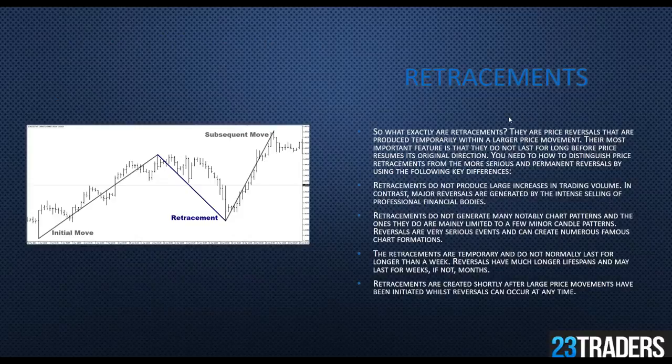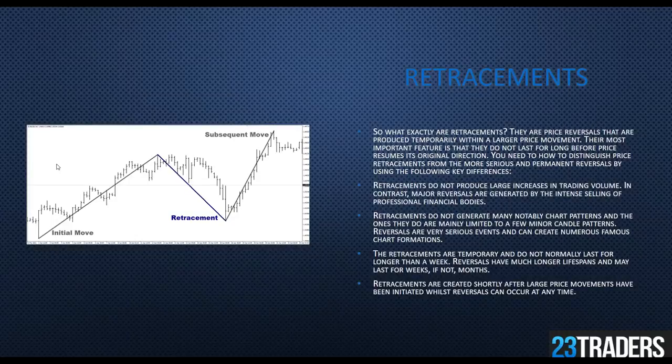Because retracements are very, very important. So what exactly are retracements? They are price reversals that are produced temporarily within a larger movement. Their most important feature is that they do not last for long before price resumes its original direction. You need to know how to distinguish price retracements from the more serious and permanent reversals.